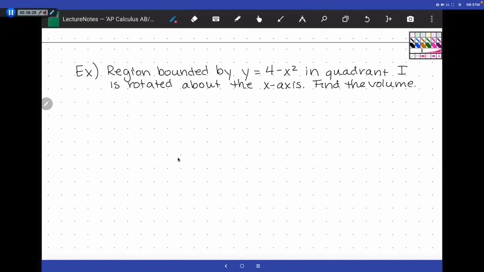Write this down. Region bounded by the parabola y equals 4 minus x squared in quadrant 1 is rotated about the x-axis. Find the volume.